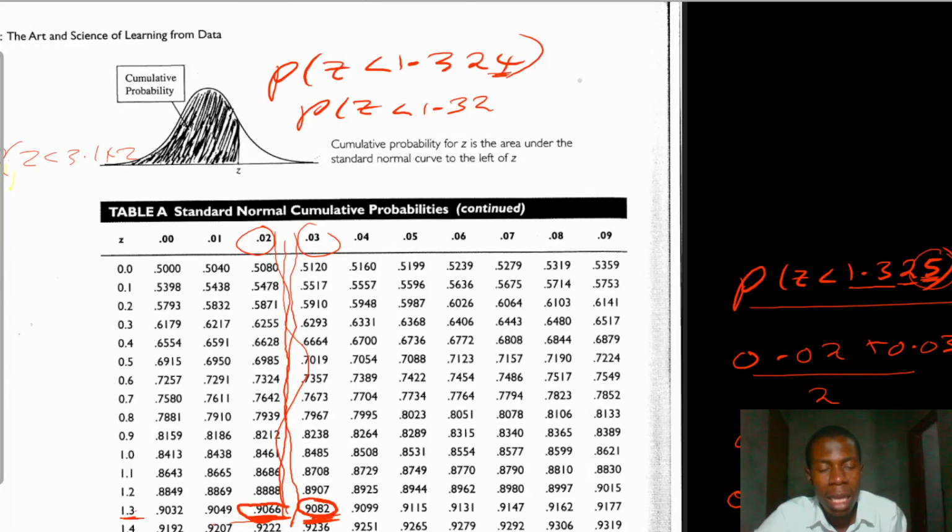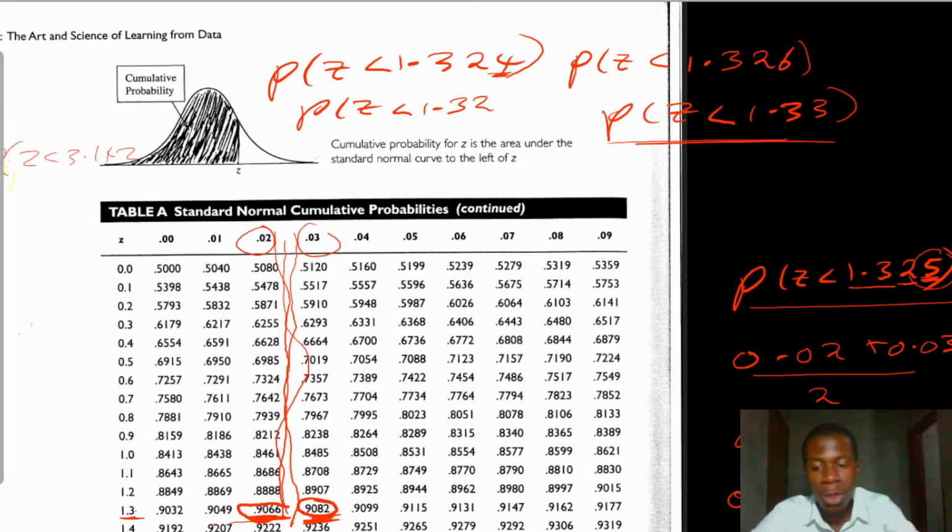The other case is maybe the probability of Z greater than 1.326. So above 5, this can be written as the probability of Z less than 1.33. This is what you should consider when you are working out problems on probabilities.